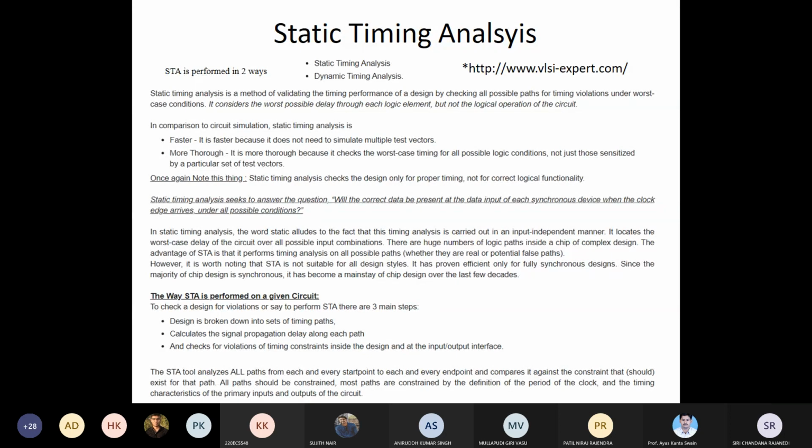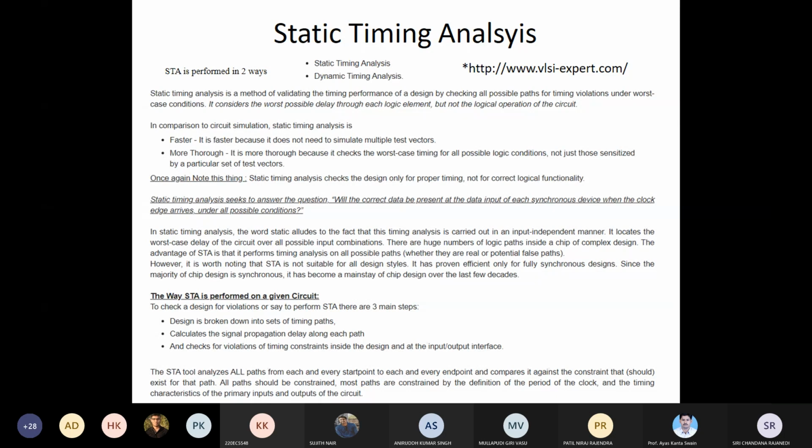When data is traveling from one flip-flop to another flip-flop, that path is called a timing path. We have to check all the possible timing paths for any timing violation. So what do you mean by timing violation?